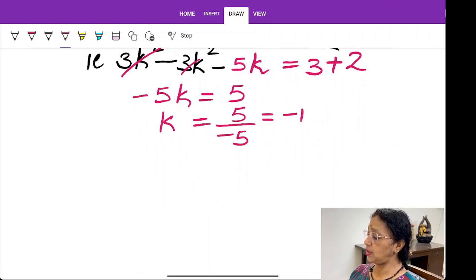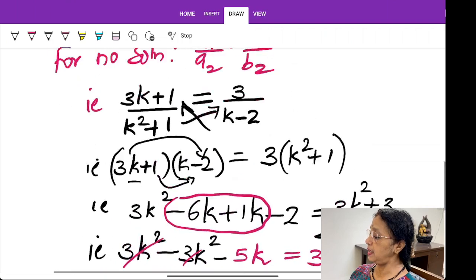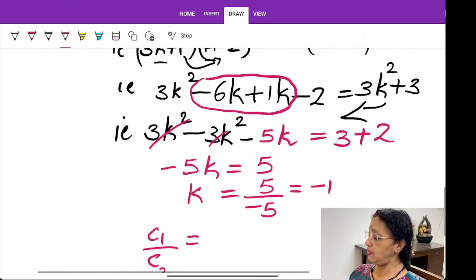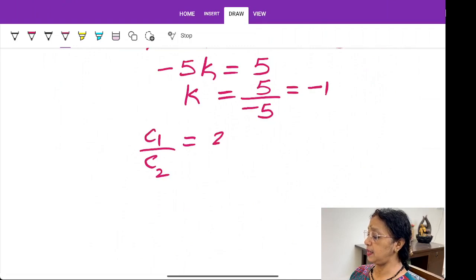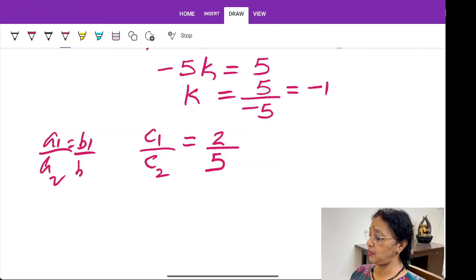And it is not equal to c1 by c2. What is our c1 by c2? c1 by c2 is minus 2 by minus 5, that is 2 by 5. So a1 by a2 equal to b1 by b2 not equal to c1 by c2.